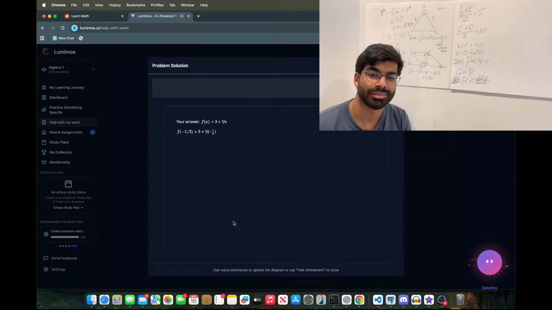Let's evaluate this together. What's 1 divided by negative 1 half? 1 divided by negative 1 half would be 1 over 1 times negative 2 over 1, so negative 2. Perfect. So negative 2.